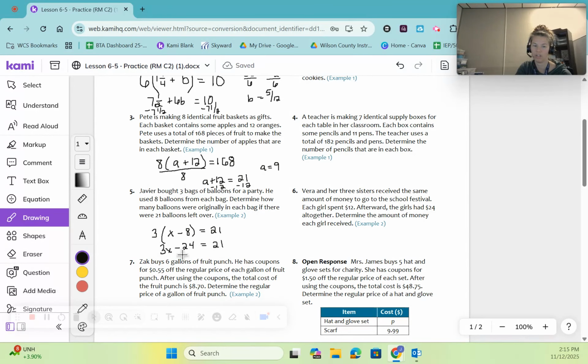Here we've got our two-step equation. Add 24 to both sides and I have 3x equals 45. Divide by 3, so there were 15 balloons in each bag to start. And then number 6 is very similar to that.